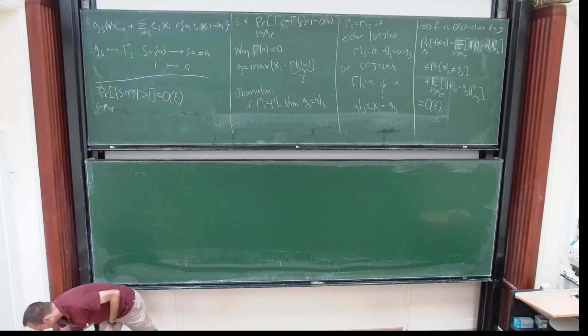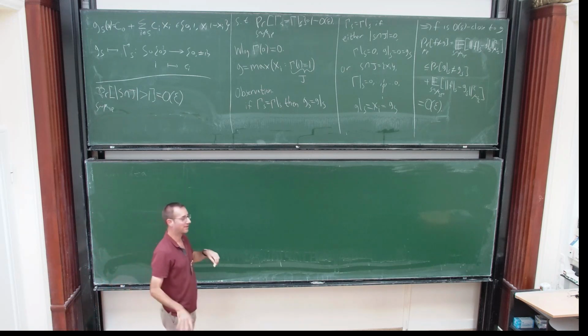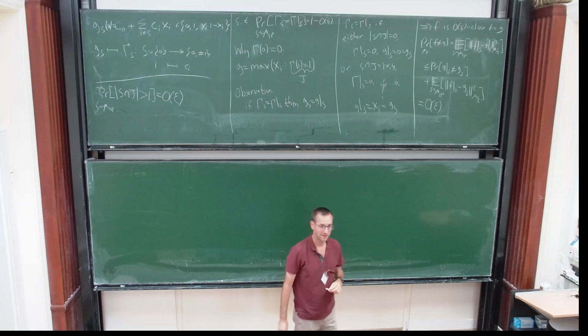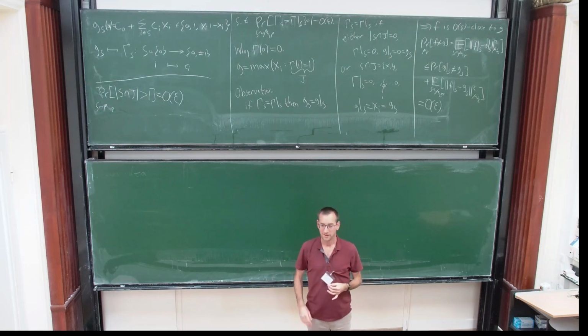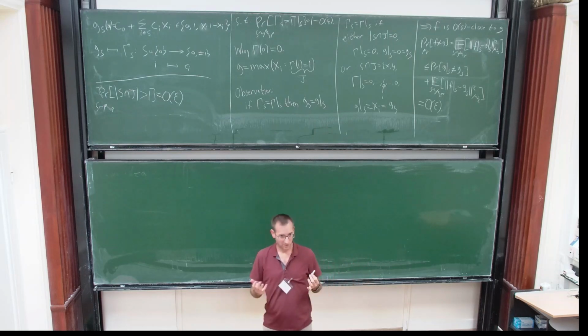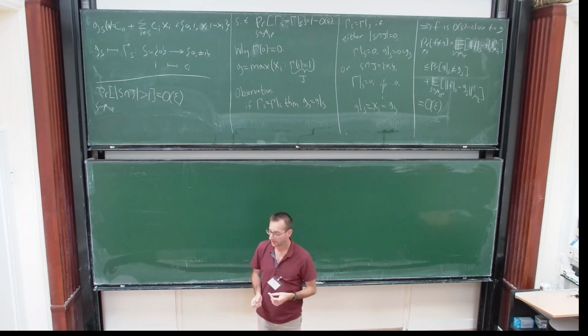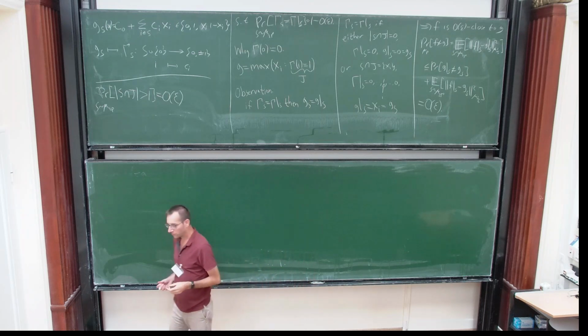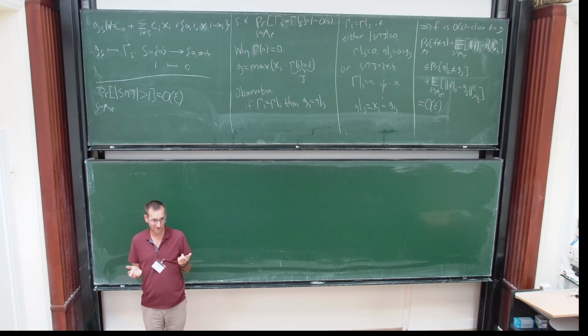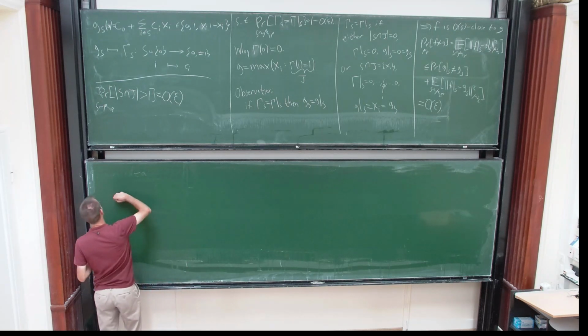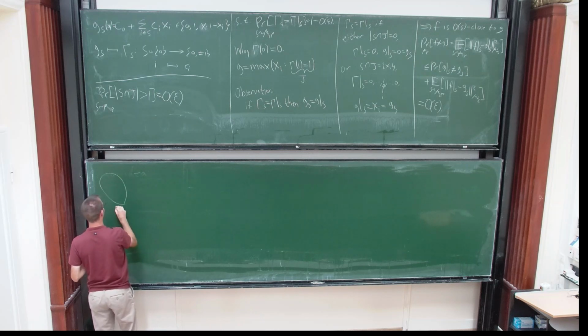Okay, so how are we going to prove that all of these gamma S's really come from some global gamma? We're going to do this using something called direct product testing, or how Yuval prefers to call it, agreement theorems. Okay? So the idea is that we're going to sample two copies of S in some correlated fashion. This is going to be one of our S's, S1, and this is going to be another of the S's, S2.